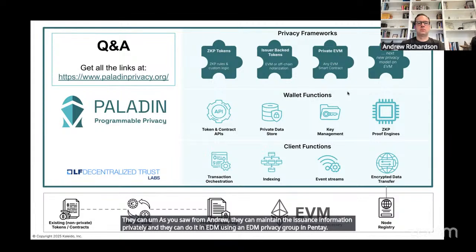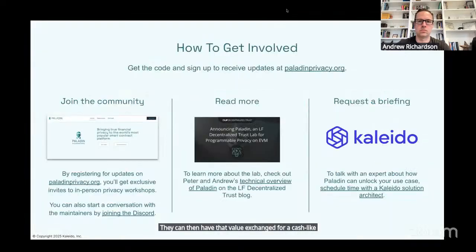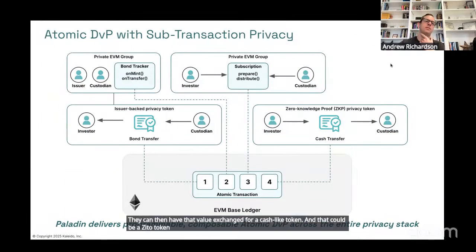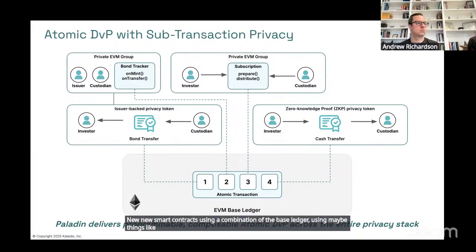They can then have that value exchanged for a cash-like token, and that could be a Zito token implemented with zero knowledge proofs. But now here's the really important part. Noto and Zito can exist in this ecosystem, and then someone else can come along and program new smart contracts using a combination of the base ledger, maybe things like public stablecoins, all of this kind of stuff.